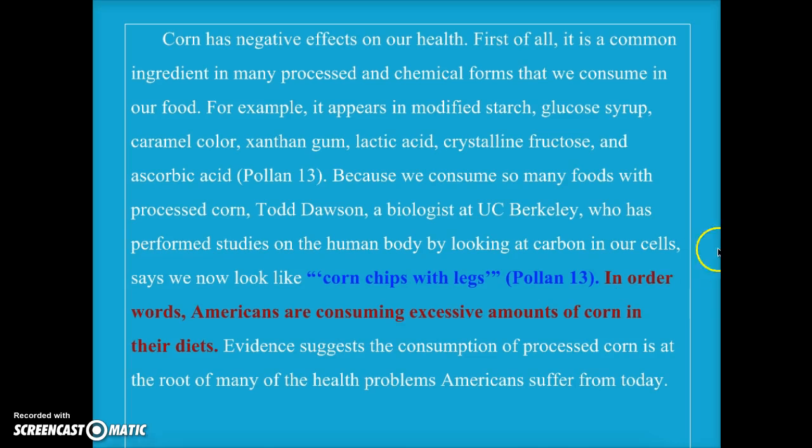In other words, Americans are consuming excessive amounts of corn in their diets. At the end, I tie this evidence back to my thesis, which is that corn creates negative effects, by saying evidence suggests the consumption of processed corn is at the root of many of the health problems Americans suffer today.